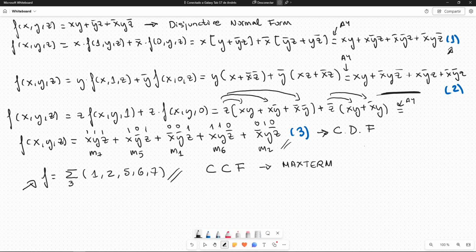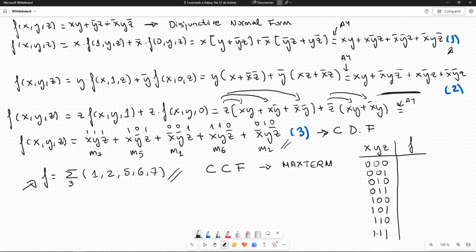We have 3 variables, with the 8 possible combinations. So we know that in these mean terms the function is 1. So we have a 1 in the mean term 1, the mean term 2, the mean term 5, the 6, and the 7. And the other combinations are going to be 0.